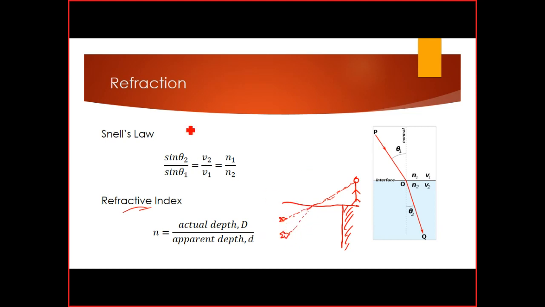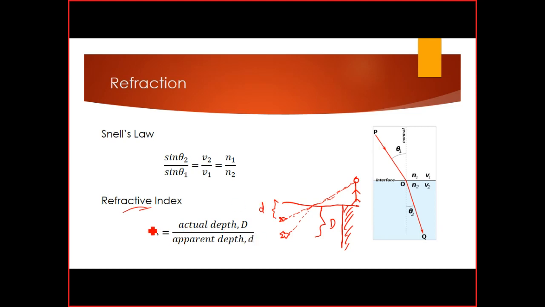This happened due to refraction. You actually have this actual depth, from this point until here, capital D, and you have some apparent depth, small letter d. In order to find the actual depth, you take n, the refractive index, equal to the actual depth divided by the apparent depth.